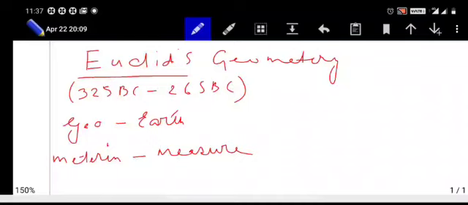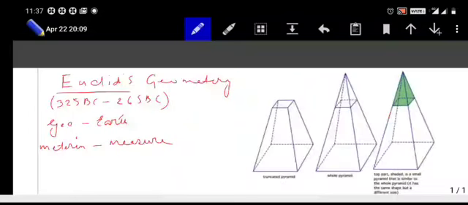For example, you can see this example. This is a pyramid. A pyramid is a shape whose base is a square, or it can be a rectangle, any polygon, and the other faces, or surfaces, are triangles.